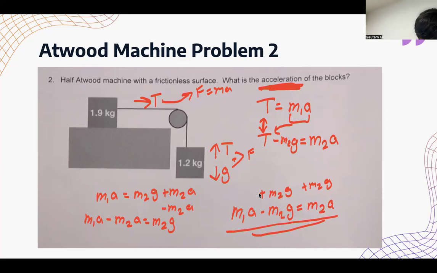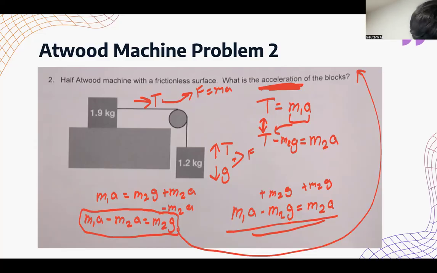So we have this, right? Can I erase all the other steps? Actually, I'll just start working up here, because if people are still behind, they can just look at my other steps. So if we have M1A minus M2A equals M2G, what you can do here is factor out the A from each side.